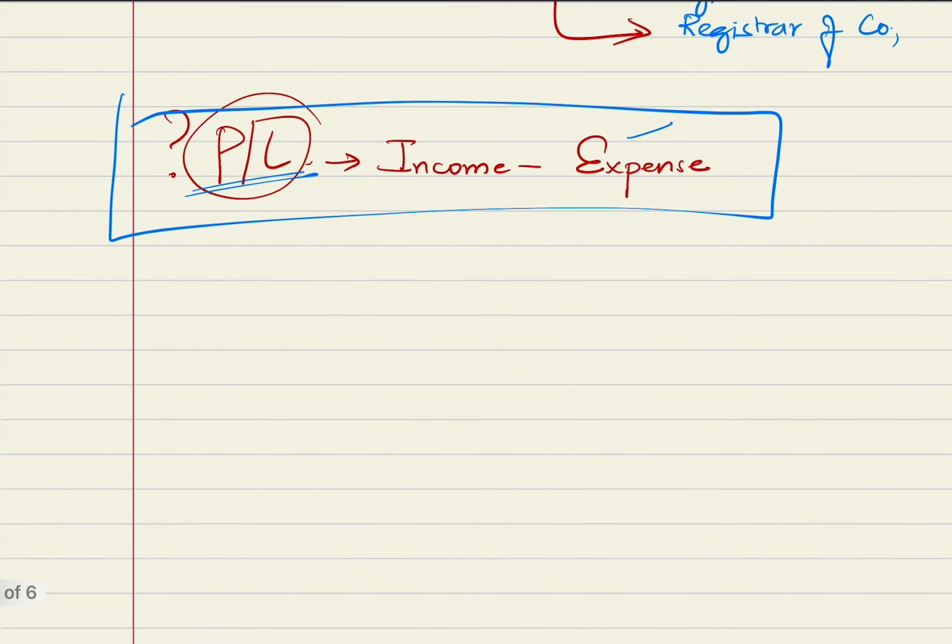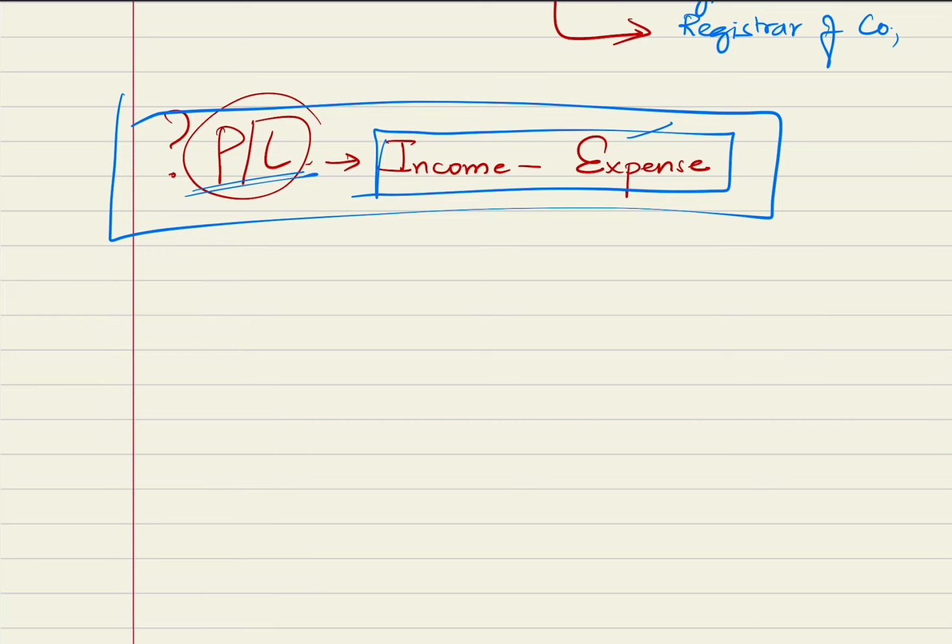Very simple. I am very sure most of you remember the format of the P&L account, but I am going to give a small gist of what we will do here. We are going to expand this formula.